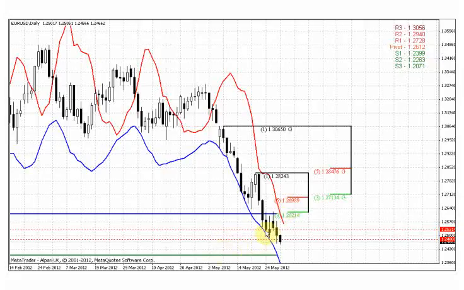At the same time, we are at a solid support area, and to enter short right at support is not very wise. That's why from the daily perspective it's better to wait for the resolution of this wedge pattern.